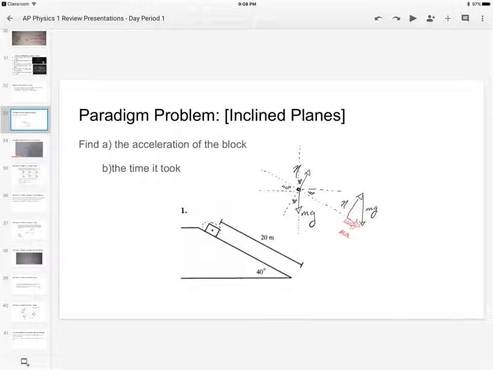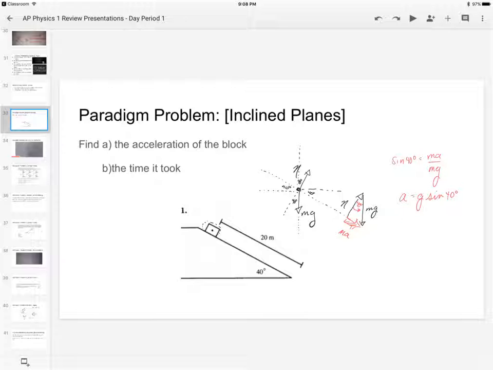Now, you can see from my reference angles that my 40-degree angle is right there, right? So this is the easy way of solving the problem, okay? Sine 40 degrees is going to equal ma over mg. So the acceleration is going to be g sine 40 degrees, right?